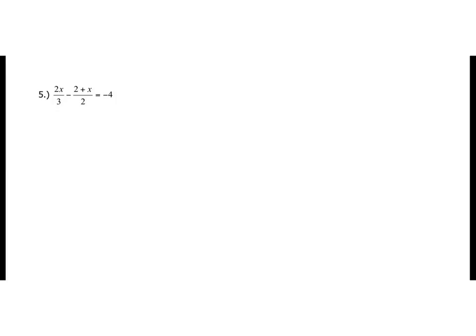And last question. You'll see that you are dividing by 3 and dividing by 2, so we need to come up with common denominators. The common denominator for both of them is 6. So that means that I'm going to need to multiply 2/3 x by 2, and we need to multiply 2 plus x by 3.